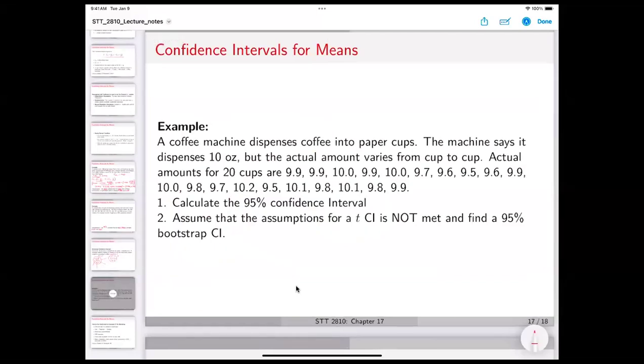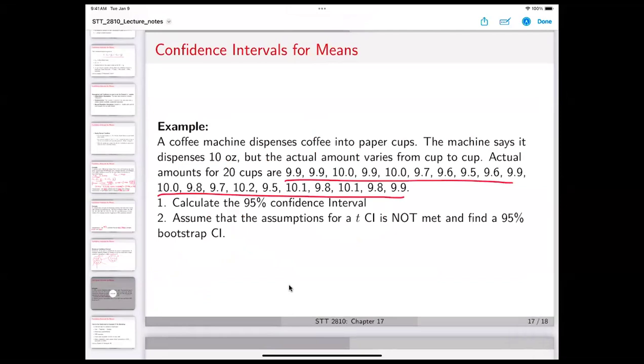So I want you to open StatCrunch and input this data. We are going to use StatCrunch to compute this confidence interval using bootstrapping. The first one, you already know how to do.